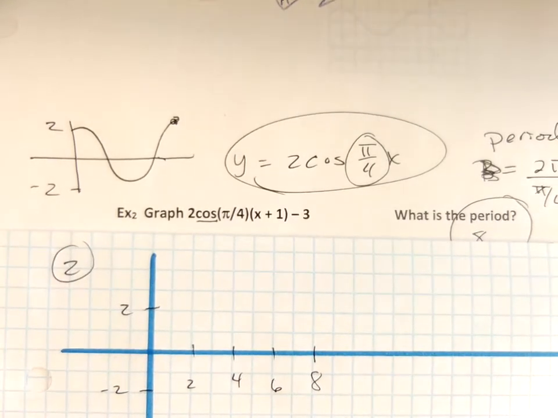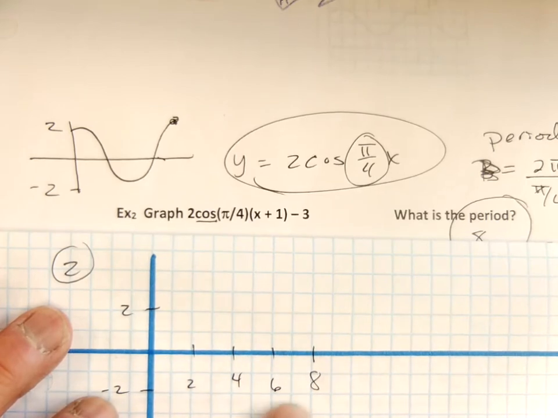Not pi's, but plain old 8, so it's stretched all the way out to 8. Might be 8 seconds, might be 8 nanoseconds, who knows. But you're going to see more and more in the applications, like in electronics, that these numbers are going to be seconds, time.